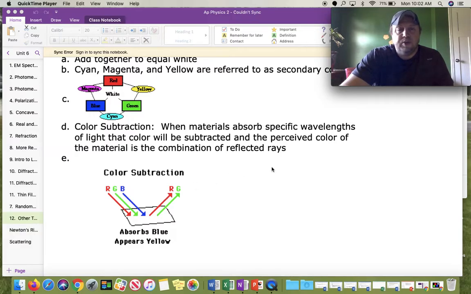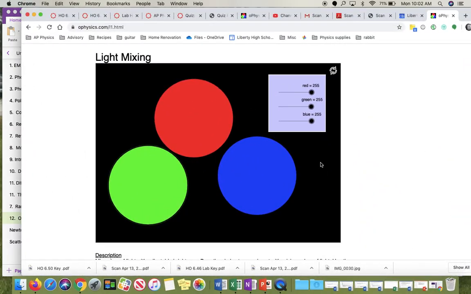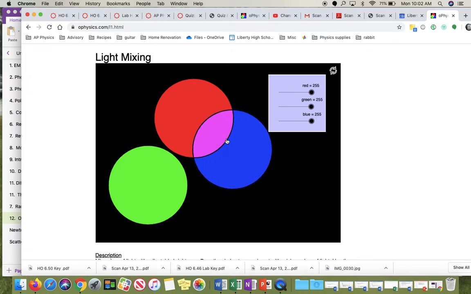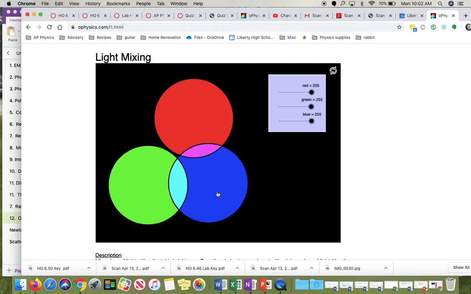I'm going to show this to you real quick, so I'm going to make me disappear here for a second. All right, so I went to our ophysics.com website for the simulations. So we've got primary colors, red, green, and blue. Remember, if we overlap red and blue, we get magenta. If we overlap the blue and the green, we get cyan.